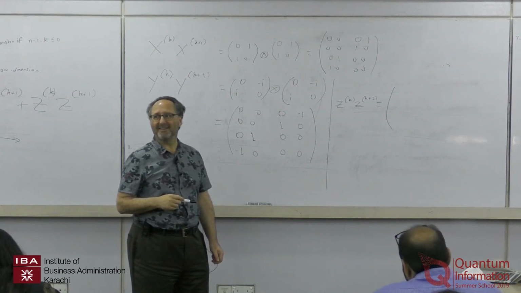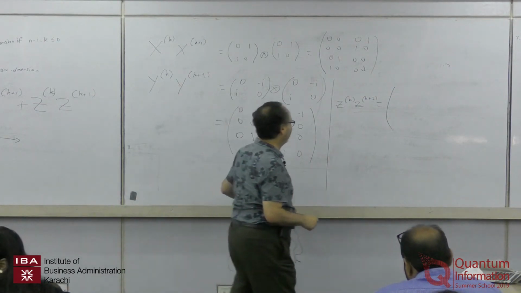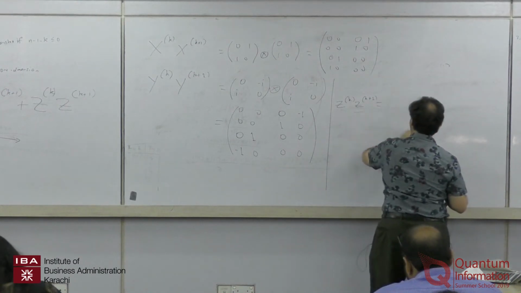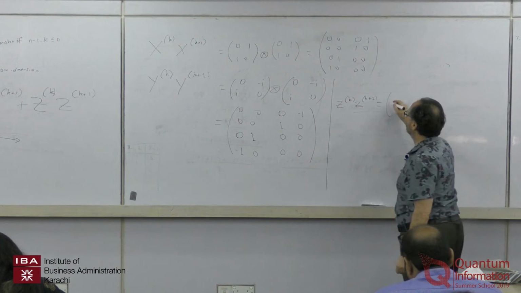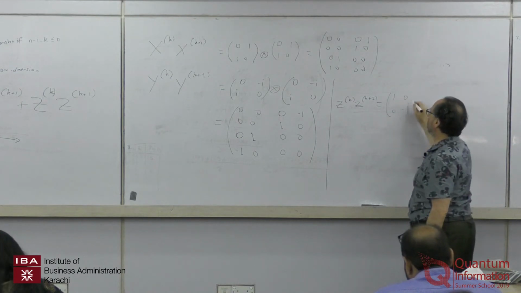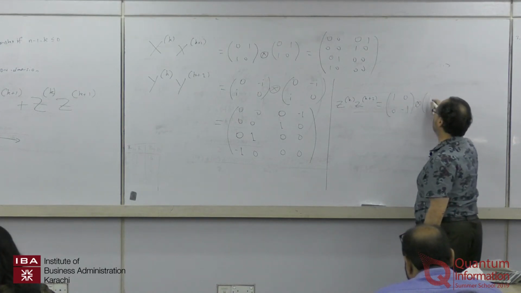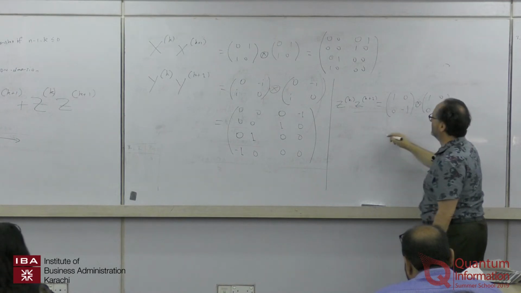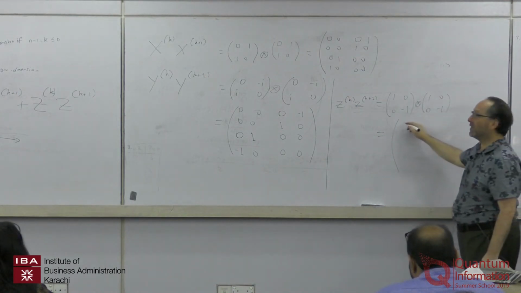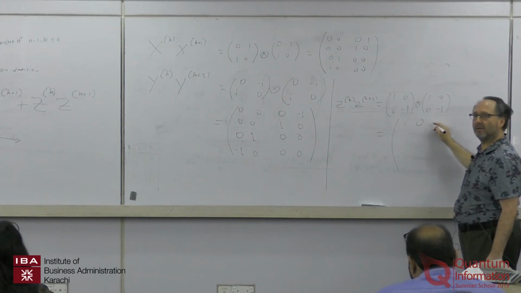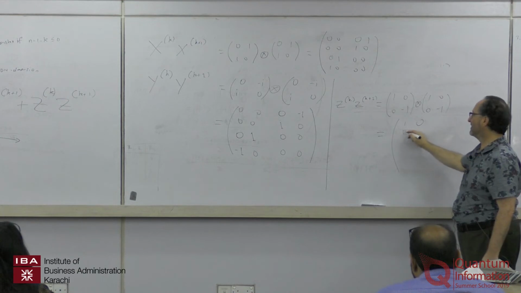Slowly. Okay, so it's 1, 0, 0, minus 1. Outer product, 1, 0, 0, minus 1. Equals, what? 1, 0, yeah.